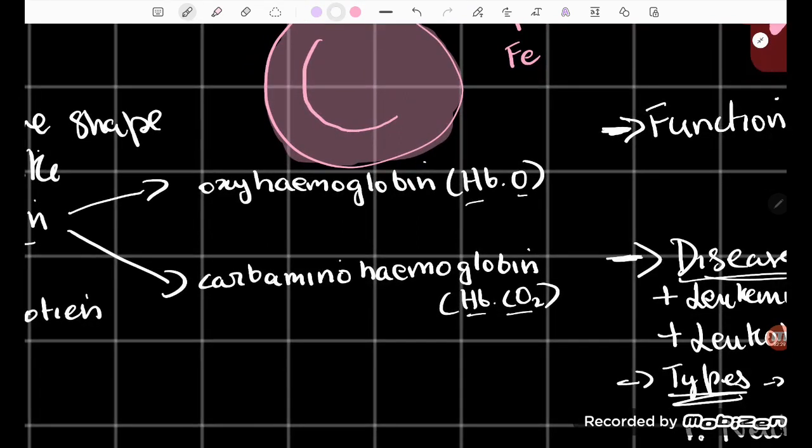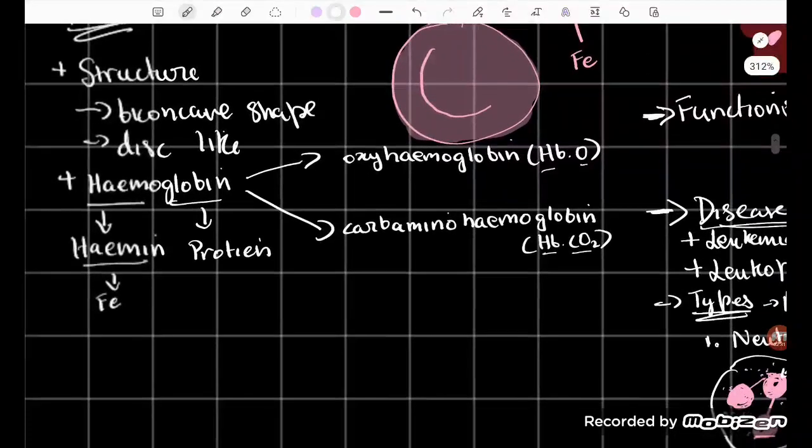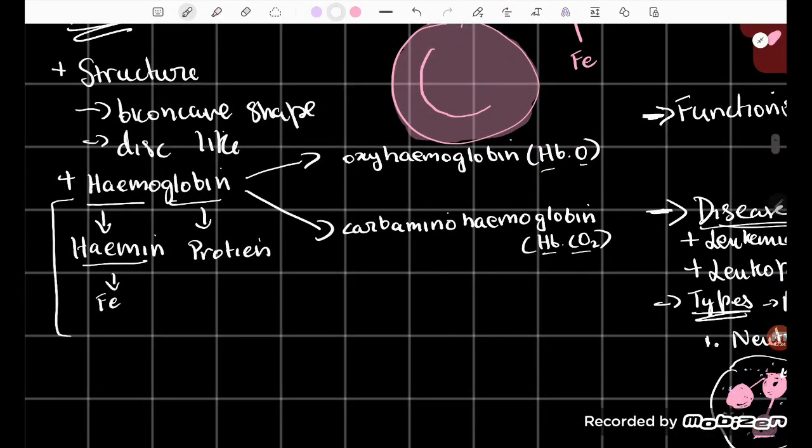There is another case where hemoglobin has a strong affinity. Let me write it down. Strong affinity for carbon monoxide. Since people smoke and all that stuff, if carbon monoxide meets hemoglobin, it's going to end up forming HbCO.